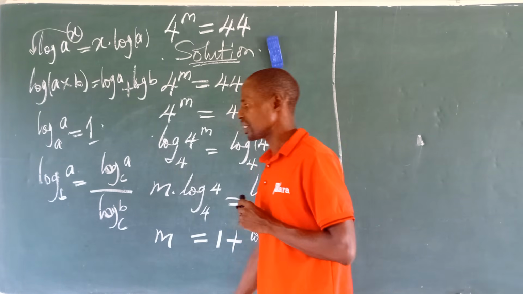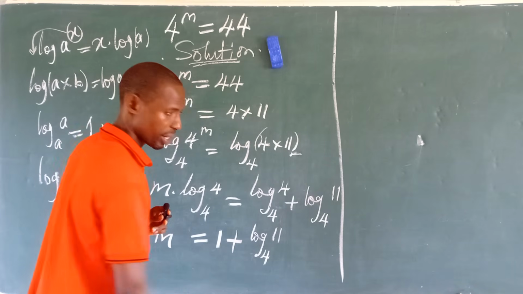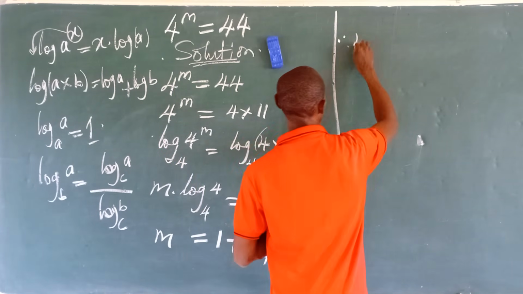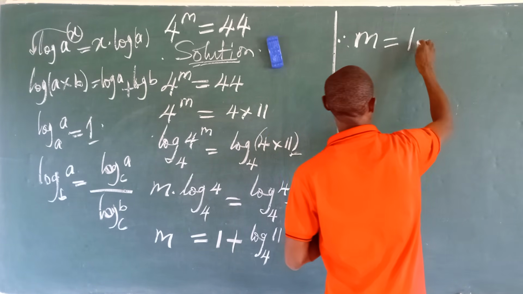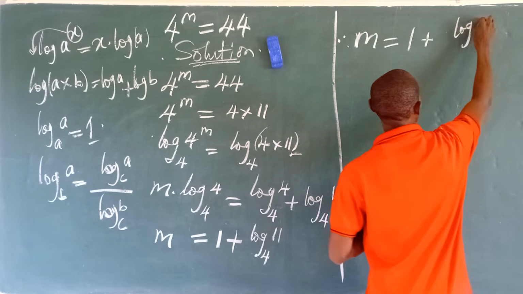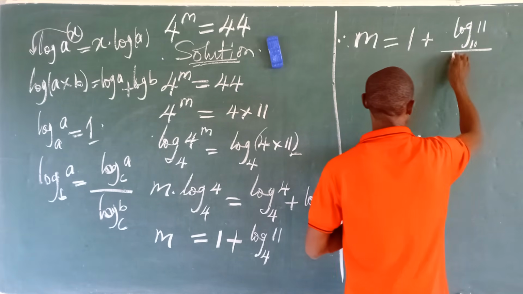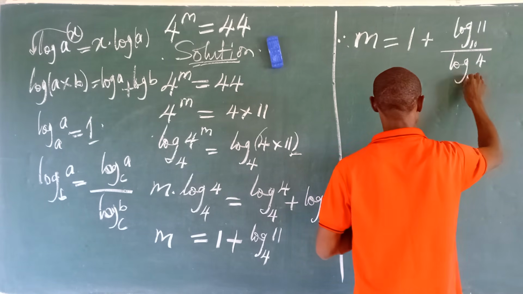This is what we call the change of base law. So we can change it here. Therefore, the value of m is equal to 1 plus log 11 base 10 all over log 4 base 10.